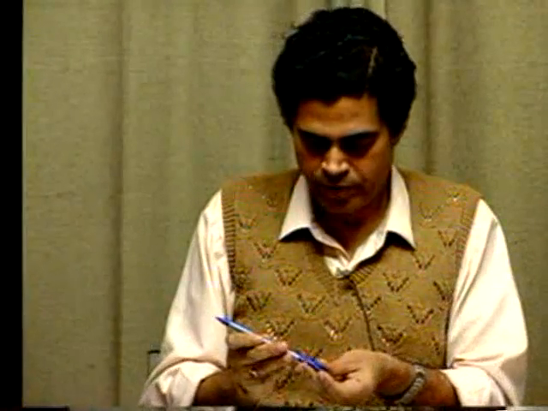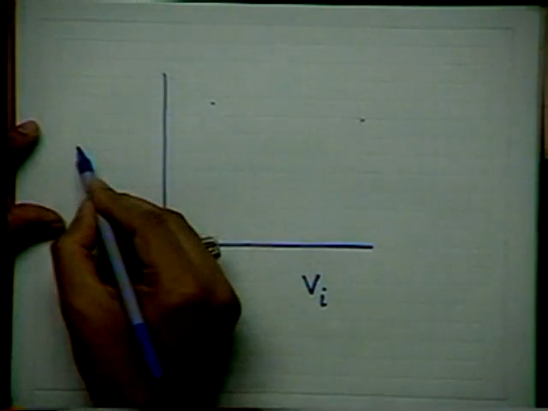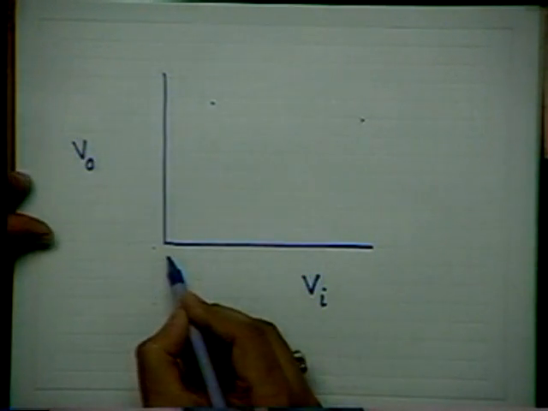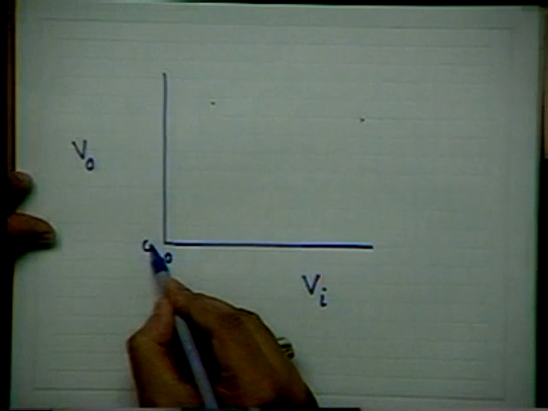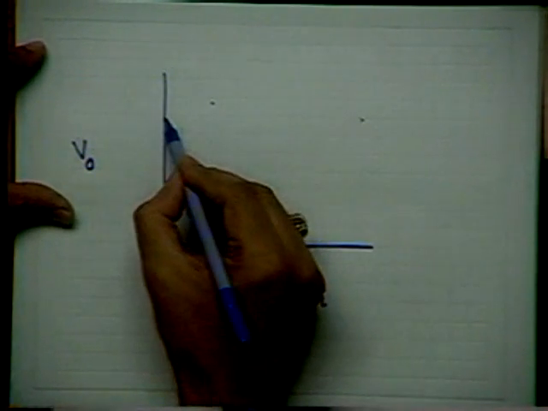If you plot the MOS inverter input-output characteristics, this is VI and this is VO, 0 and 0. We generally expect a characteristic something like this, I'm sure.